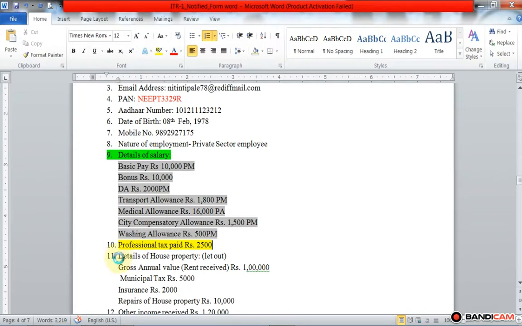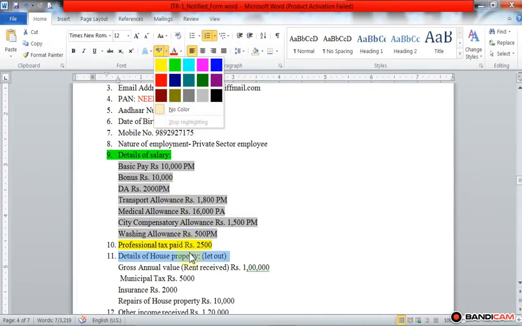Now the next details given are details of house property, in brackets let out. It means Nitin Tipale has one house property and gives this property on let out to another person and charges some amount, that is called rent. So income from house property is given here, one house property.